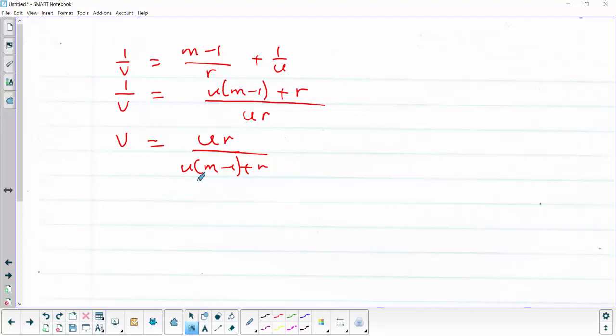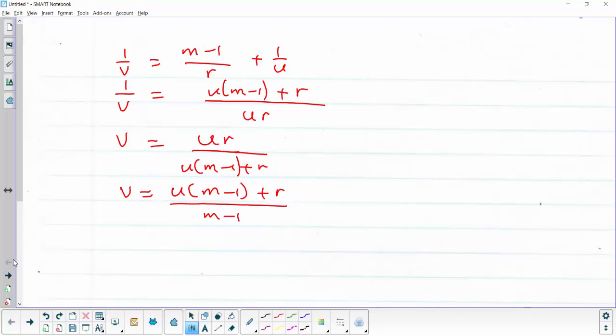Our given answer, from the question, is v equal to r over m minus 1 plus u.